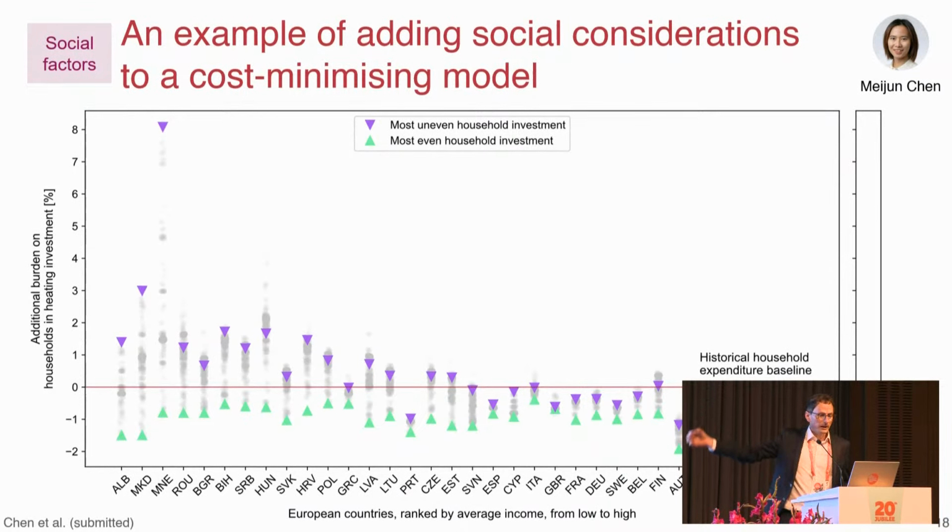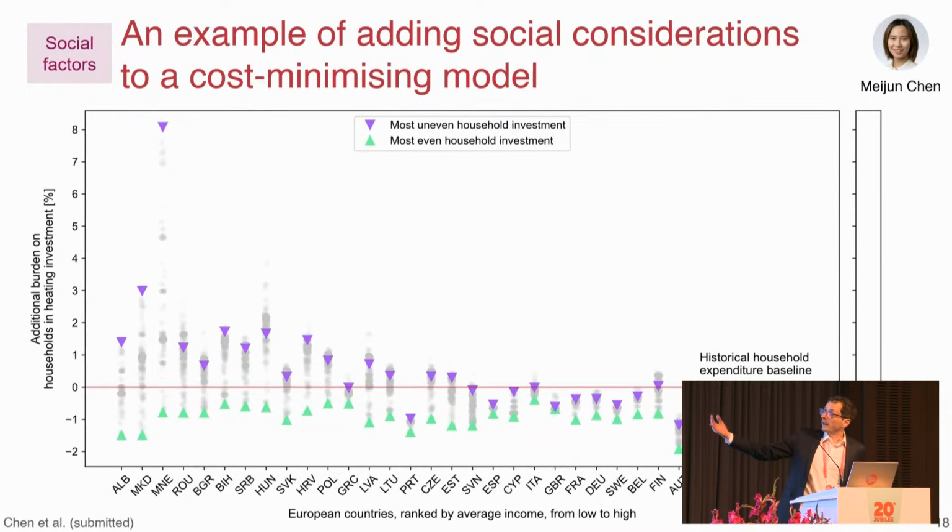And we are now looking at how each of these solutions performs across all these countries in terms of one specific metric: how much additional household investment burden it requires compared to historical household expenditures on appliances in these countries to make the heating transition happen. So this metric is normalized by country, and we have this red line here, the historical household expenditure baseline.